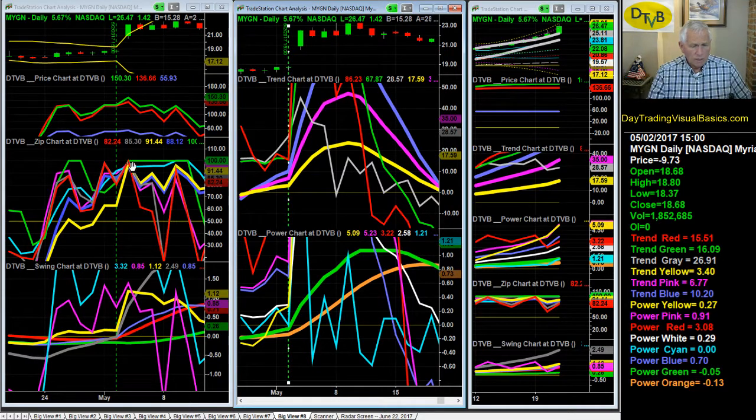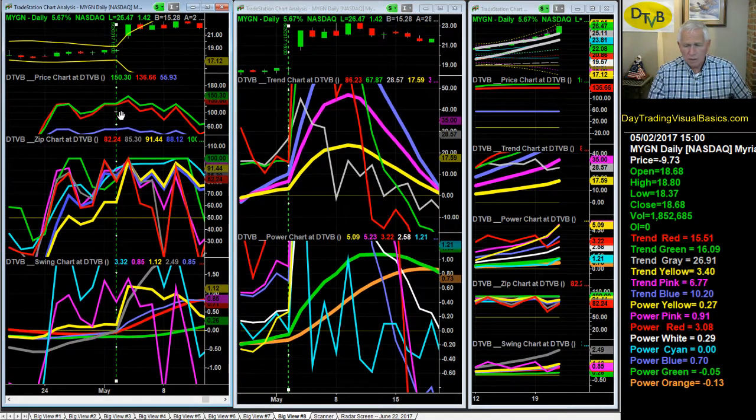And looking over to the other charts, we've got price green at 127 and red at 124. So that falls in that category above 120, which is an excellent range for that to be at.